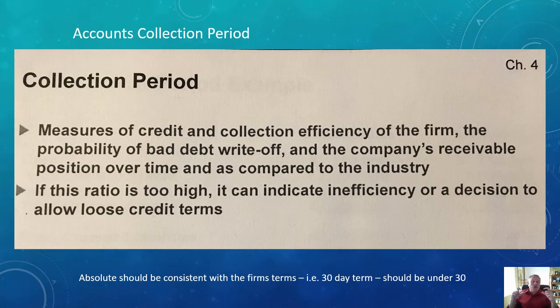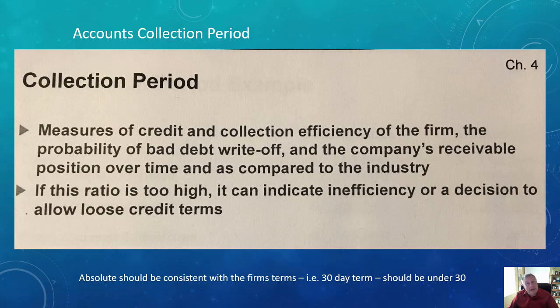It's also looked at in absolute terms because it needs to be consistent with the firm's terms. Some companies sell with 30 days. If it's 30 days, you should be under 30 days in your collection period. But that's based on the terms. If we're looking at a restaurant, think about how you pay in a restaurant. You generally pay using cash or a credit card.